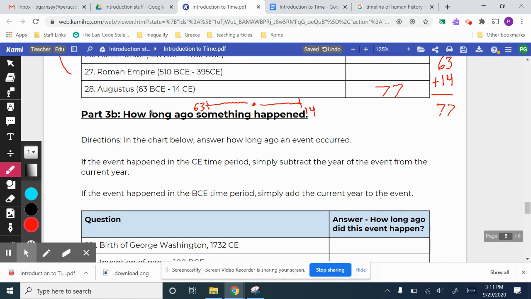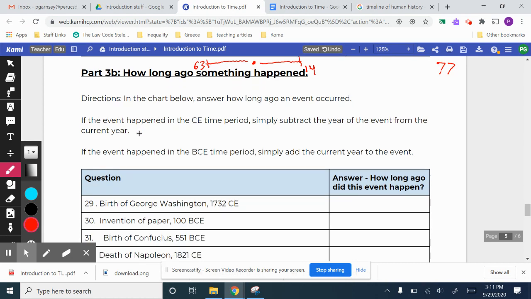Okay, another practical skill for time is how long ago something happened. For this, you just take the event that something happened and subtract the year of the event from the current year. That's going to be if the event happened in CE, like number 29.